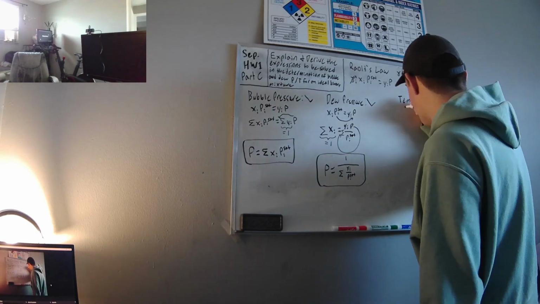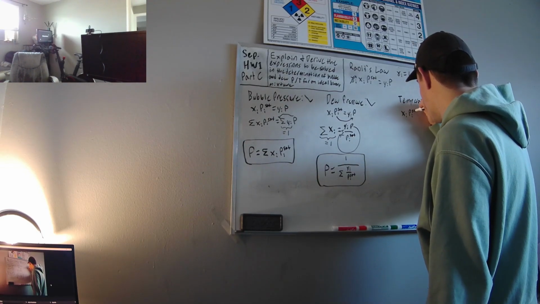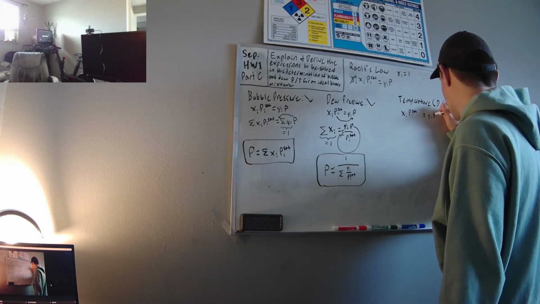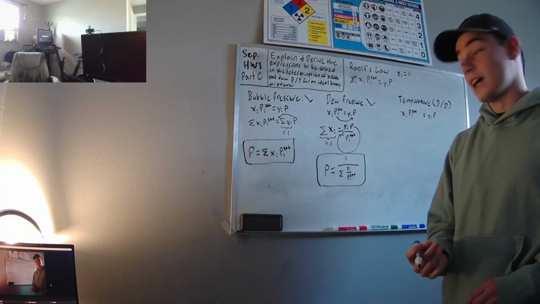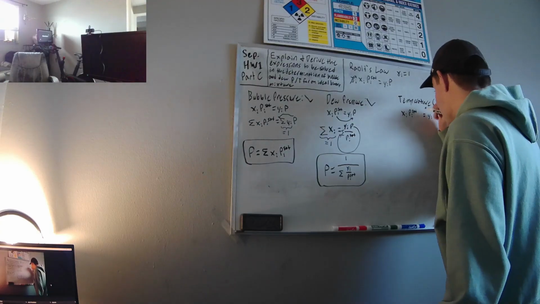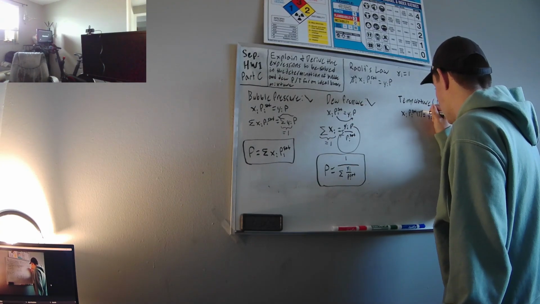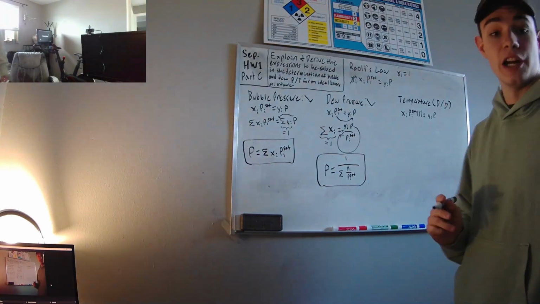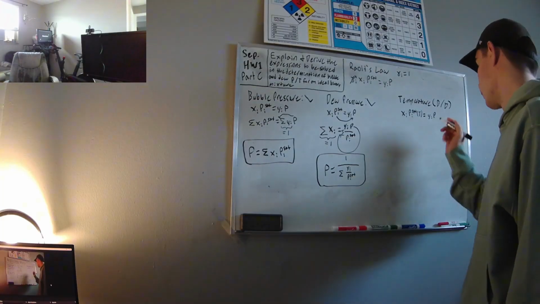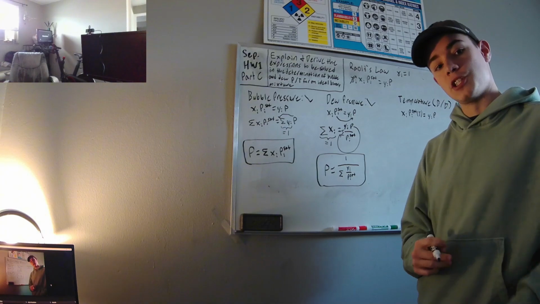Now, as you can see in Raoult's law, we don't have any kind of expression for temperature in here. That's because our temperature is hidden inside of our P_i^sat. As in, our saturation vapor pressure for a given component is a function of the temperature. So we can't actually do any derivation on the board here.